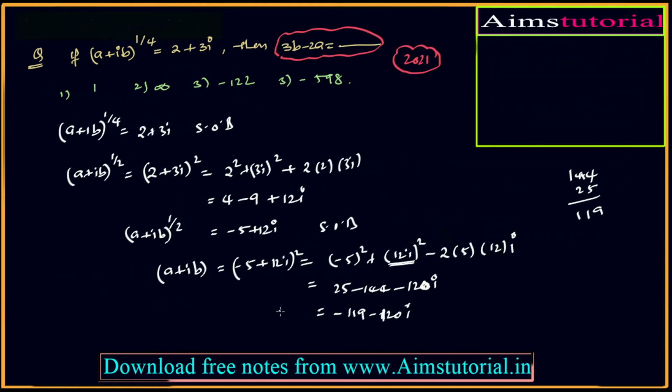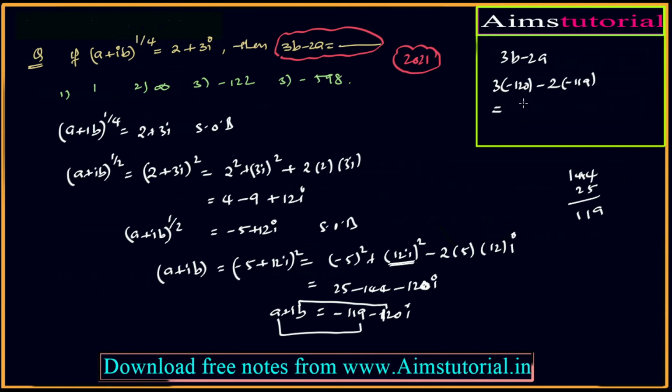If you compare with a plus ib, the value of a equals minus 119, the value of b equals minus 120. Now we have to calculate 3b minus 2a. 3 times minus 120 minus 2 times minus 119.